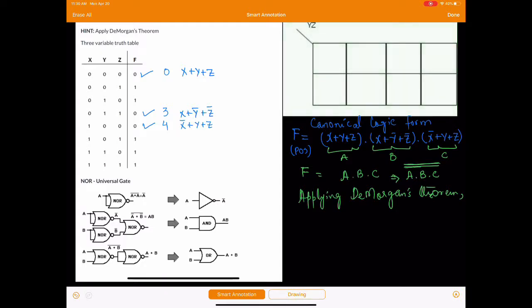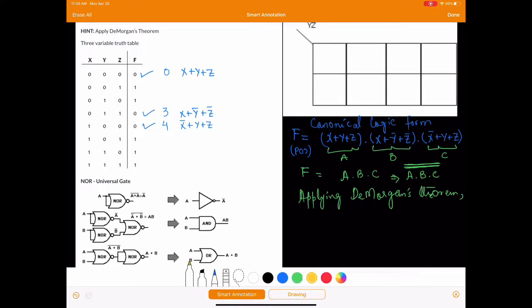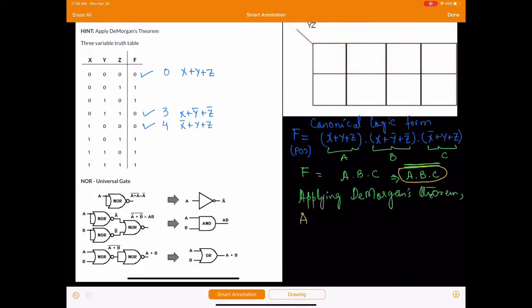So I'm going to start off with this bar right here, and I'm going to open this bar. So I'm going to write it down as A dot B dot C bar on the whole thing. According to De Morgan's law, it is equivalent to saying A bar plus B bar plus C bar, correct?